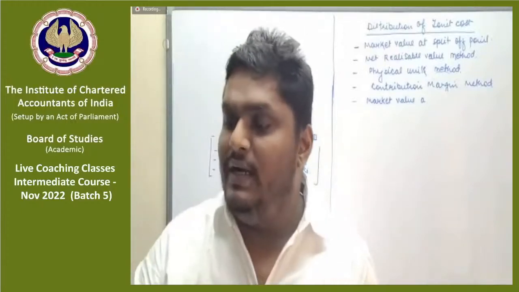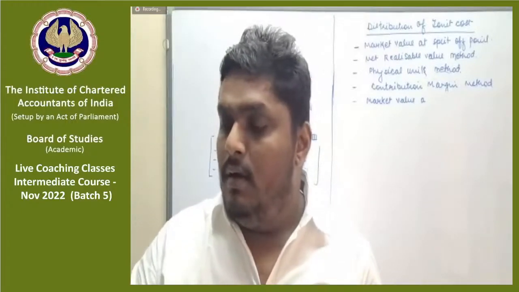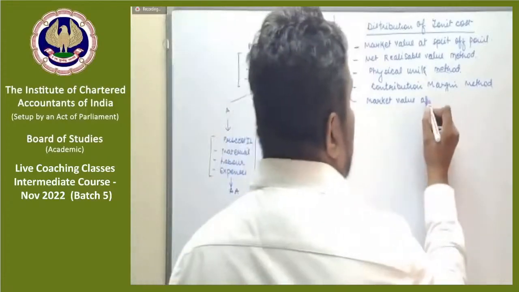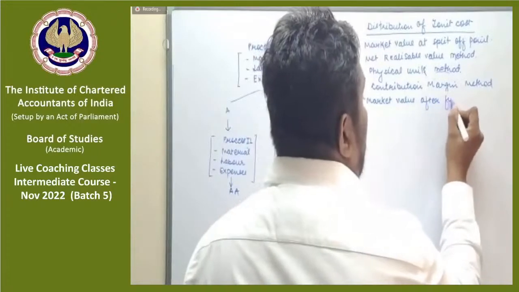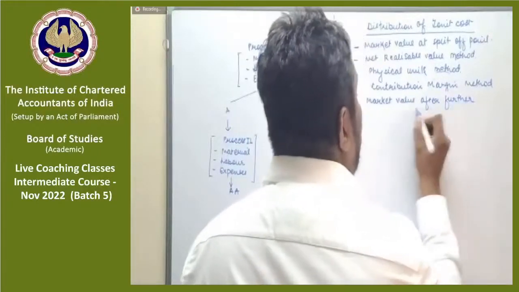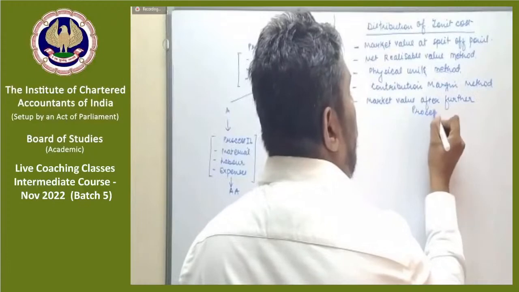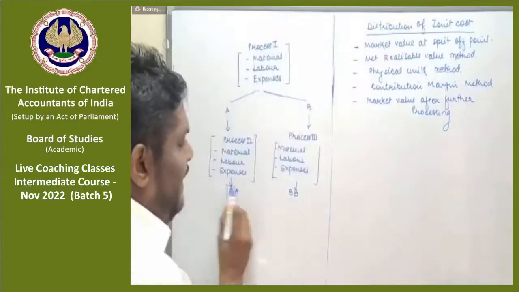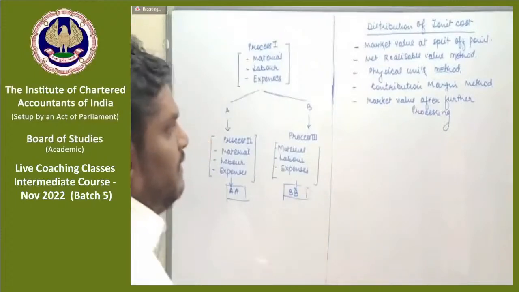That is, we call it market value after further processing. That is the market value of double A and double B.